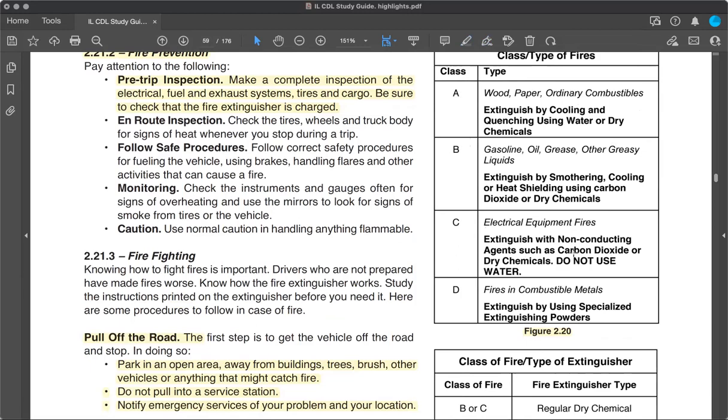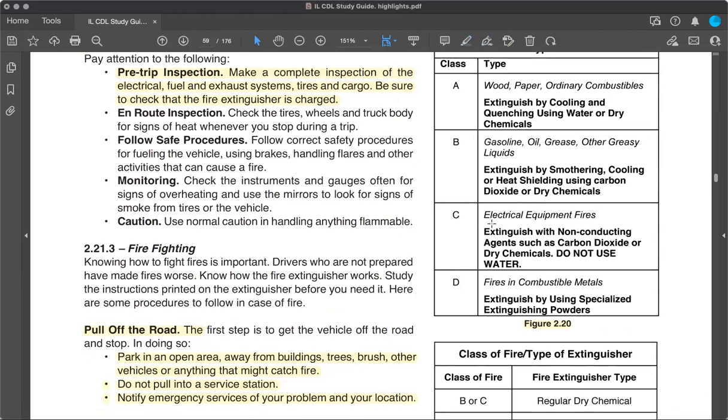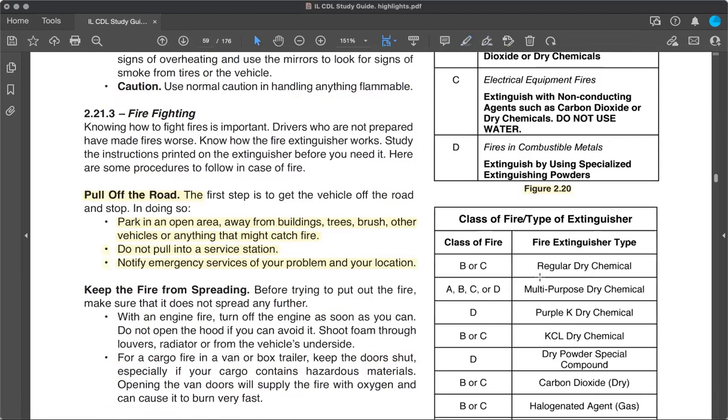And then the second figure, figure 2.21, where it says A, B, C, or D, is the actual type of fire extinguisher. It is called a multi-purpose dry chemical fire extinguisher. So I have that highlighted. So just know that we use ABC fire extinguishers because of all of the possible materials or chemicals that could catch fire on a commercial vehicle.